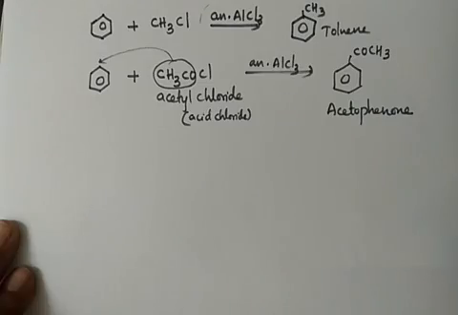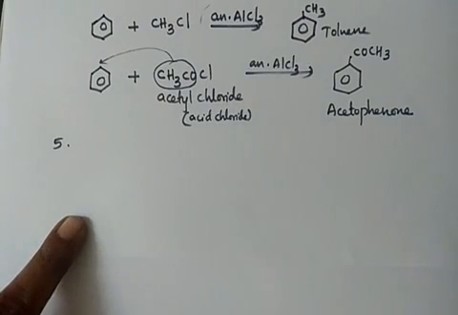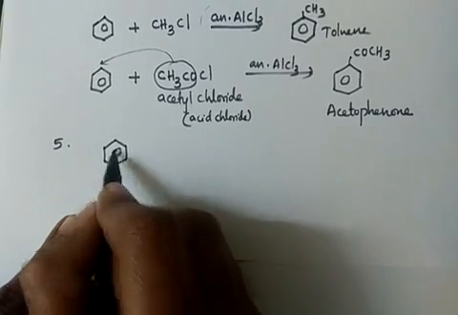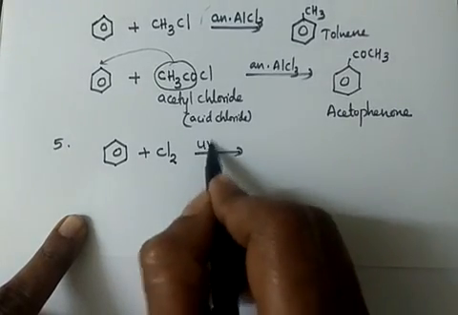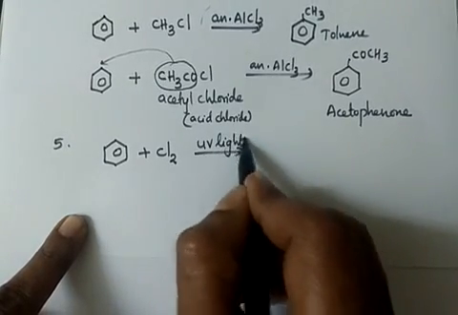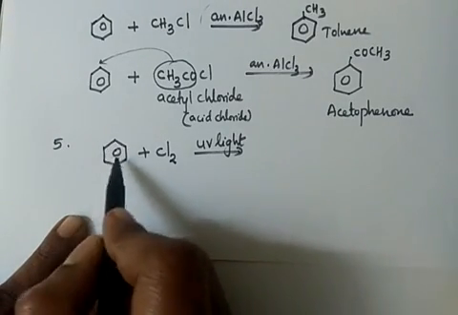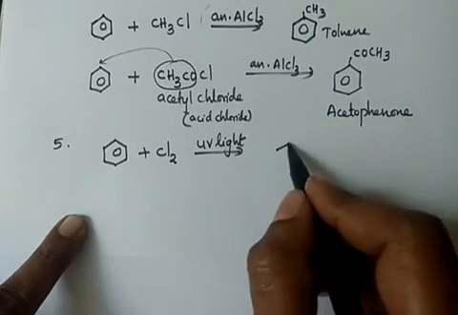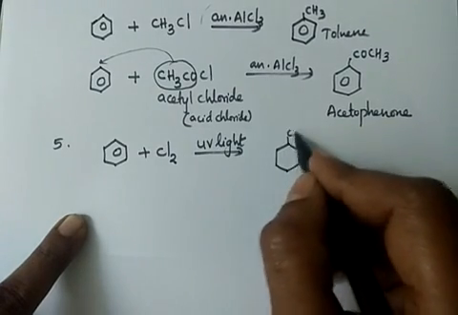Next reaction is the reaction of benzene with halogen in the presence of sunlight. If benzene reacts with a halogen, that is chlorine, in presence of sunlight, in presence of UV light, all the pi bonds present here break, and this forms benzene hexachloride.